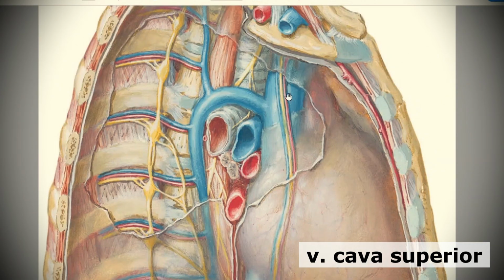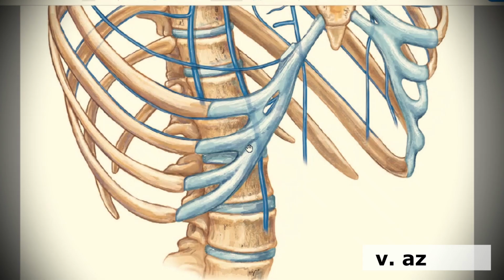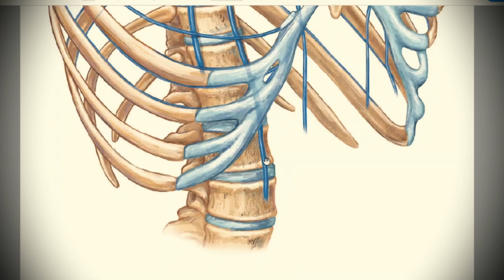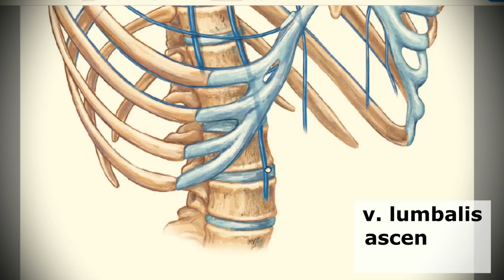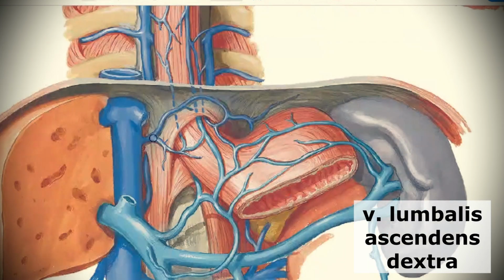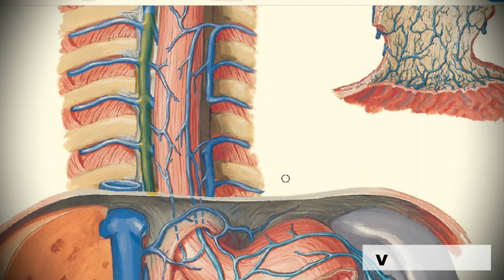Vena cava superior has actually one big tributary, vena azygos. In the abdominal cavity, on the posterior wall, you have some parietal veins that drain blood from the walls of the abdominal cavity. They are called vena lumbalis ascendens, left and right. If you talk about the right one, vena lumbalis ascendens dextra, it goes through the diaphragm, gets to the thoracic cavity and transforms into the vena azygos.